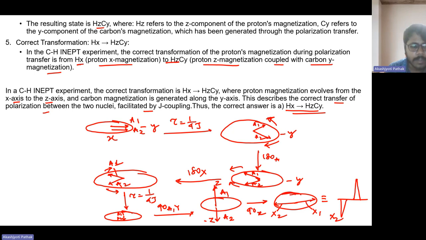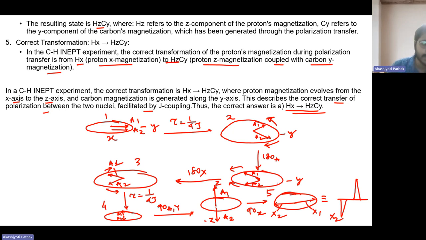So the vector evolution of A spin magnetization components at different time points, that I showed. So this is your first. Then it will go here. Then third it will be here. Fourth it will be here. And finally fifth, which is this one.